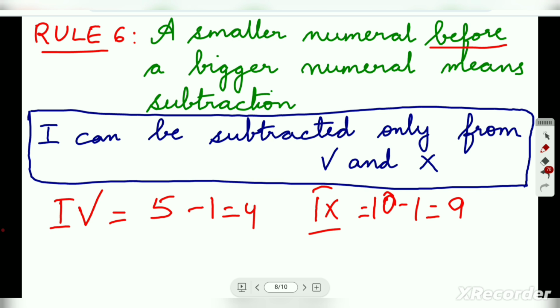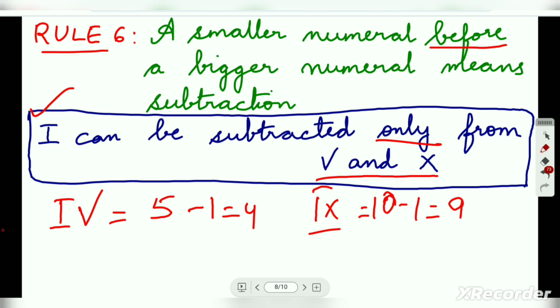But there is one important rule we must remember here. I can be subtracted only from V and X. This is an important rule because in the Olympiad you may be given some Roman numerals and you need to check whether it is a meaningful Roman numeral or not.